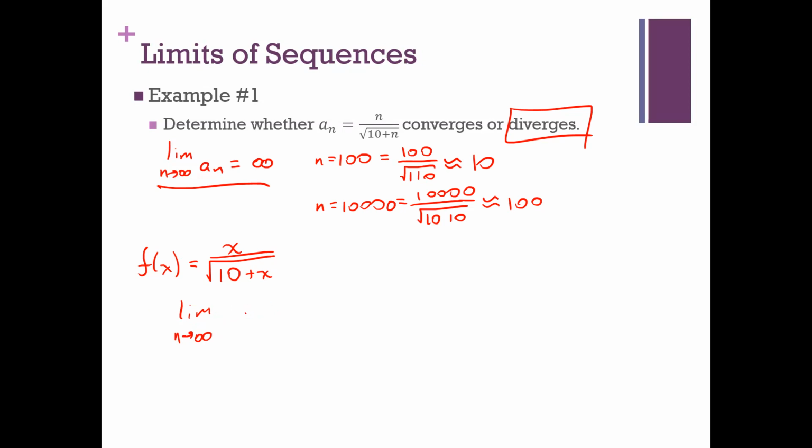which means the limit of this thing is equal to the limit of basically the derivative of the numerator over the derivative of the denominator. What's the derivative of x? 1. What's the derivative of the denominator?